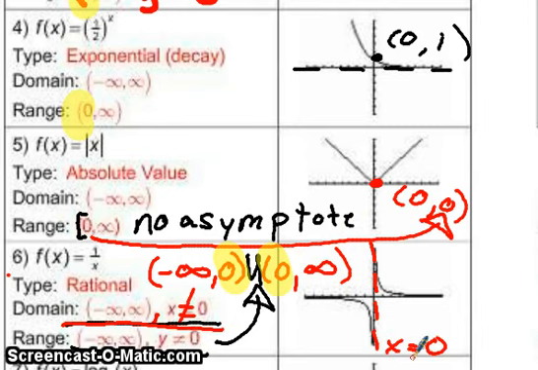Our next one says that y cannot be 0, so I'm going to have an asymptote at y is 0. So this function has two asymptotes, and typically the way we sketch a rational function is to start by drawing the asymptotes. It's always the easiest way to start, and it's also why we have to be able to calculate them. We'll be looking at how to calculate these later.